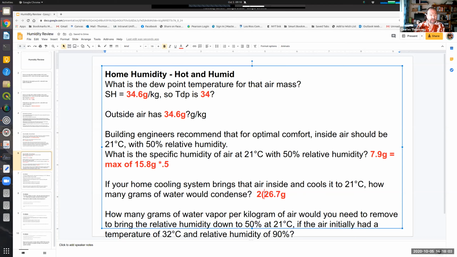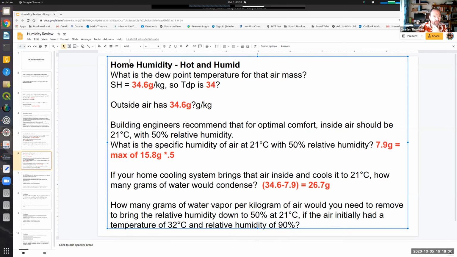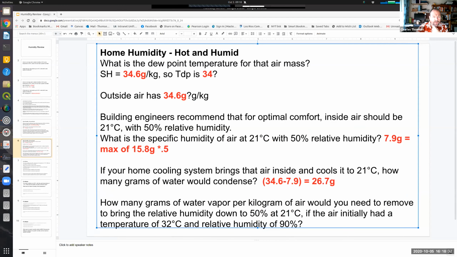So the air outside was 34.6 minus 7.9 equals 26.7. And I'm running out of room. That's cool. Why not? Make that a little smaller. Does that help?